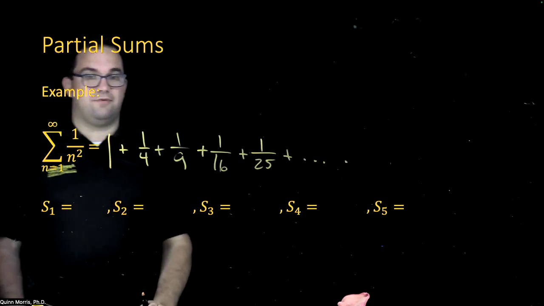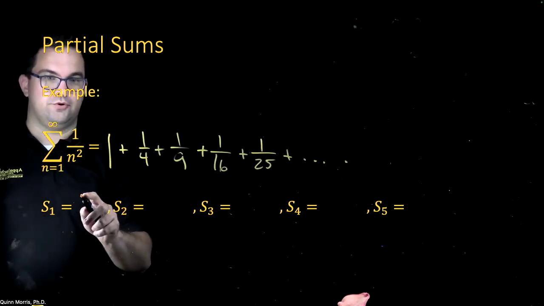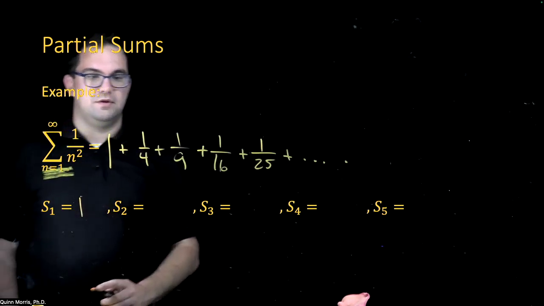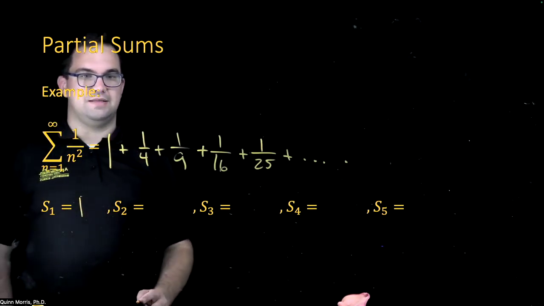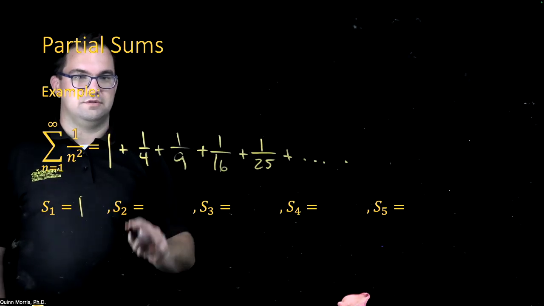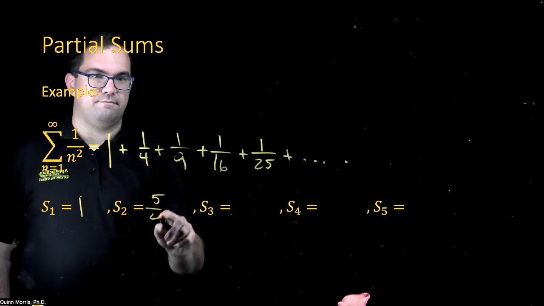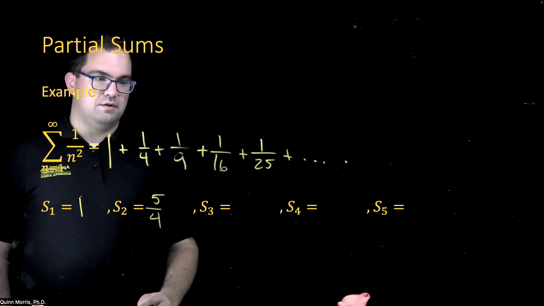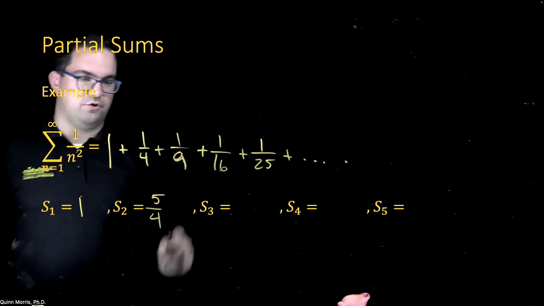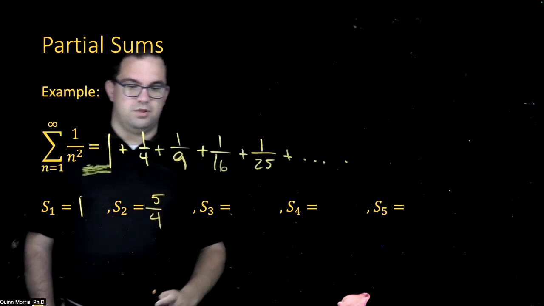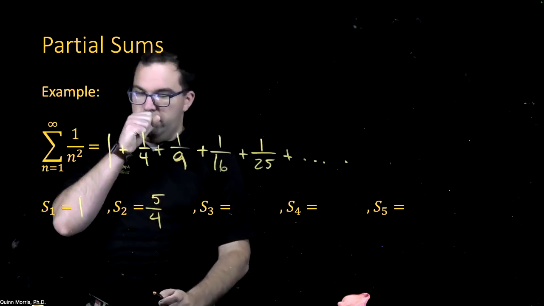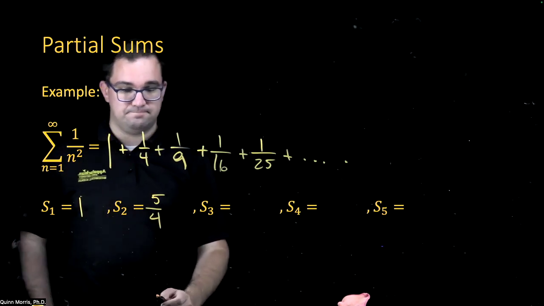So I could start trying to write the sum of the first one term, that's just 1. The sum of the first 2 terms, that's 1 plus a fourth, which is 5 fourths. The sum of the first 3 terms is going to be 1 plus a fourth plus a ninth.